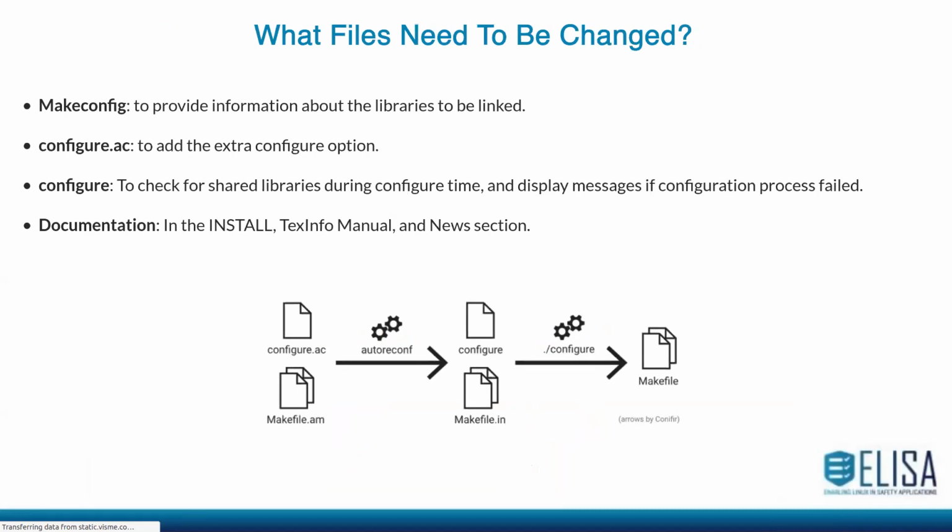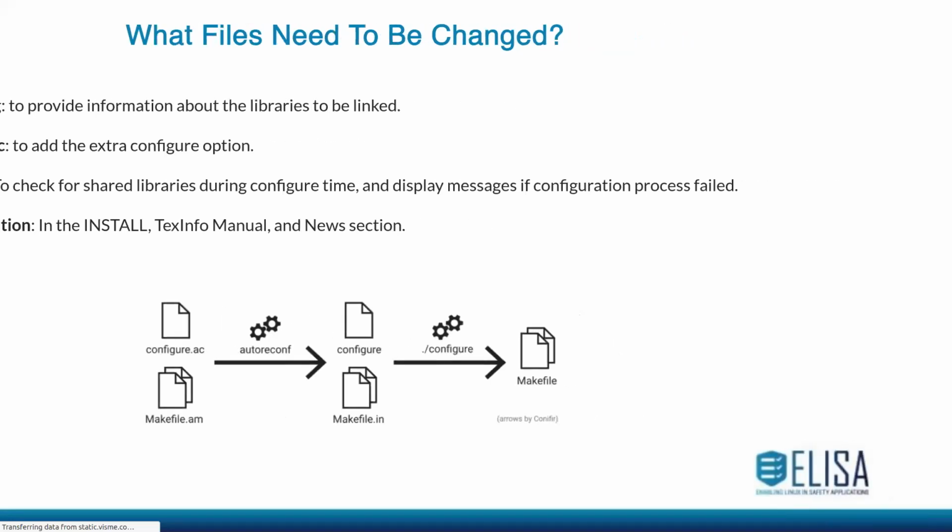That is, they have a configure file, and they use autoconf to configure that configure file. So we have to add the configure option there. Configure itself to check for shared libraries during configure time and display messages if the configuration process changed. And the last was obviously the documentation in install, in the texinfo manual, and in the news section.